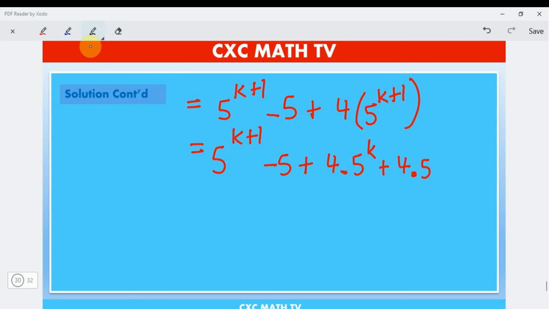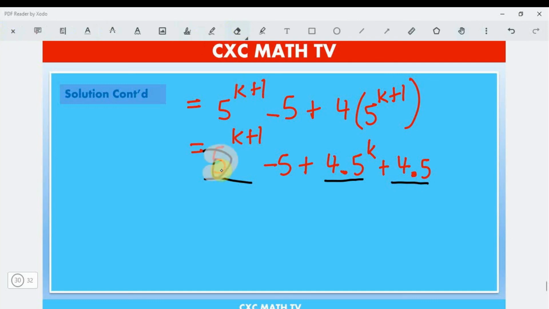Now look at this, guys. I'm going to underline these terms carefully. These all have the base 5. So now that I saw what we're supposed to get, I'm just going to erase this line above. We actually didn't need this line at all.